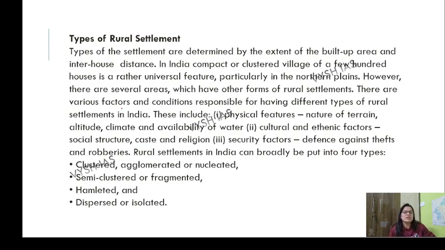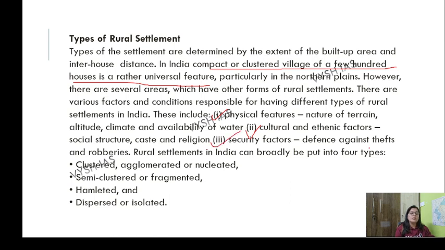So what are the types of rural settlement? Types of settlement are determined by the extent of built up area and inter-house distance. In India, compact and clustered villages of a few hundred houses are rather universal, particularly in the northern plains. There are factors responsible for different types of rural settlements: physical features, cultural and ethnic factors, and security factors.